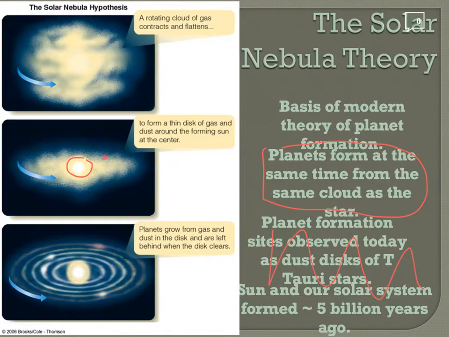Then as you start to get little pockets of other pieces of mass forming, you start to get planets. All the while they're still spinning like a big blender, kind of. So that's why we see solar systems that move in this flat way. They're not going all over the place. They're moving in a flat plane. Planets grow from gas and dust in the disk and are left behind when the disk clears.